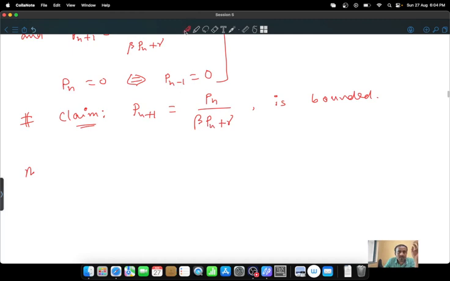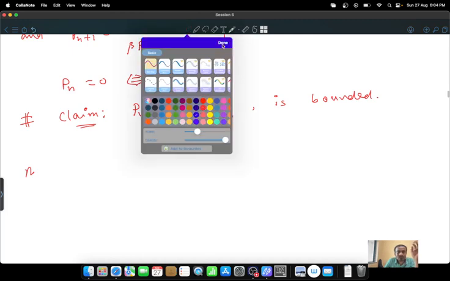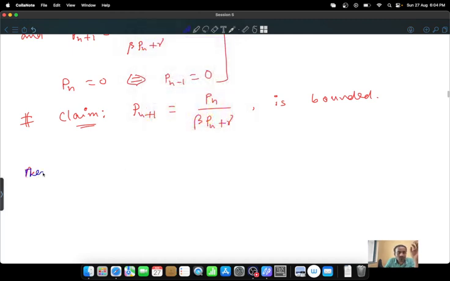Therefore, okay, let me write in blue. Therefore beta Pn plus gamma is also strictly positive, because all the numbers are positive for all n greater or equal to 1, and all of them are strictly positive.